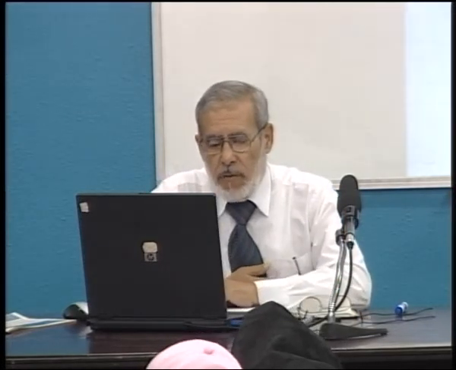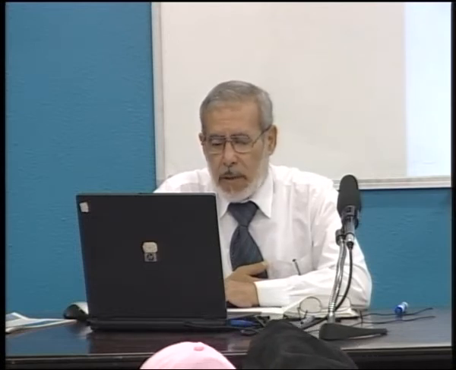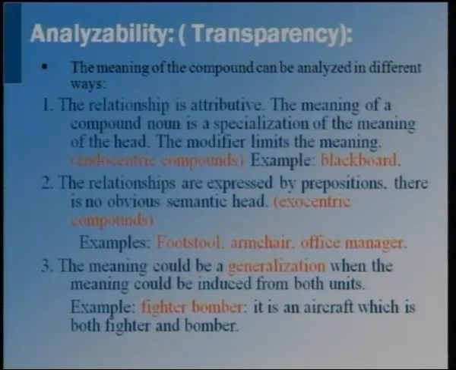Now, we have the case where the meaning cannot be deduced from the first element, and this is called exocentric, as we mentioned. Okay? For example, photo stool, armchair, office manager. The meaning cannot be deduced from the first element. Okay? Also we have the third type.